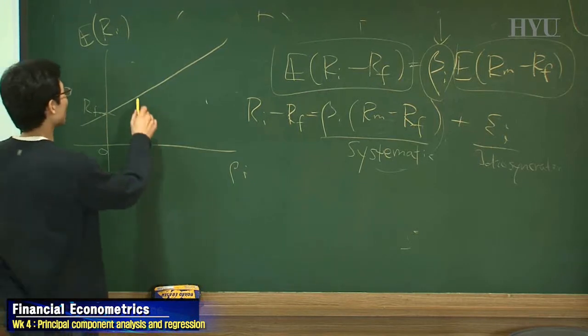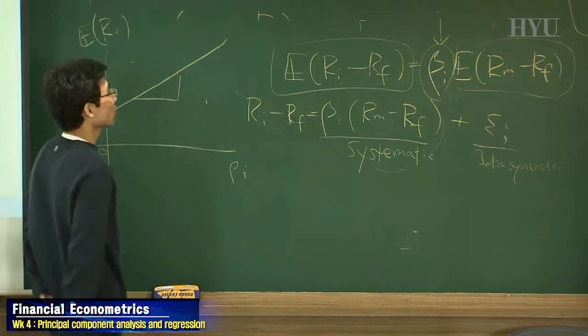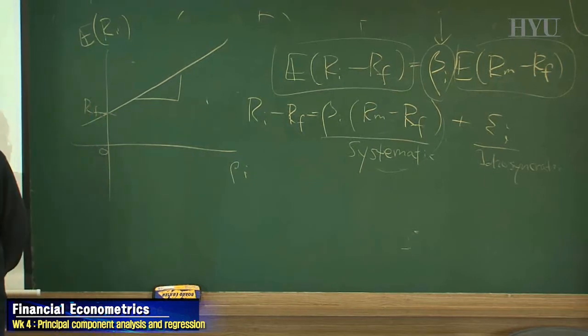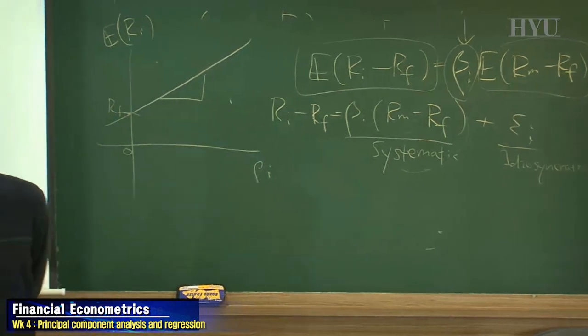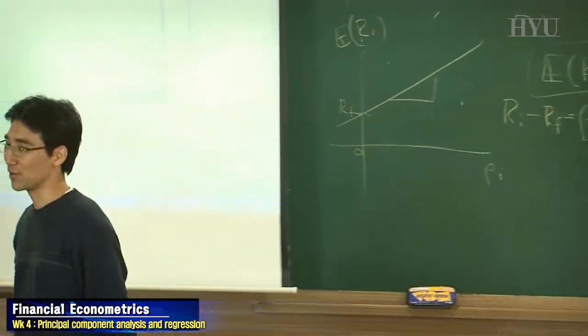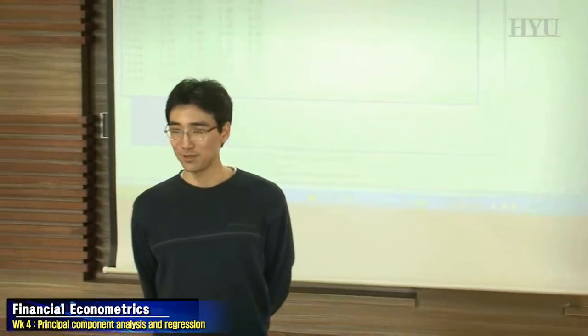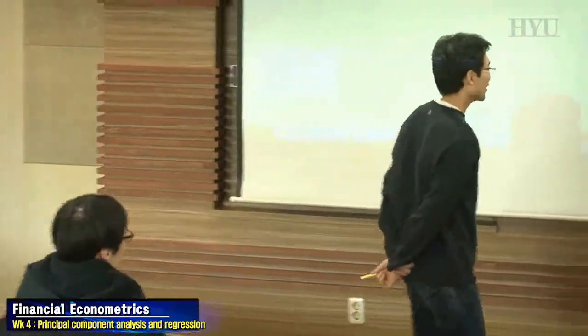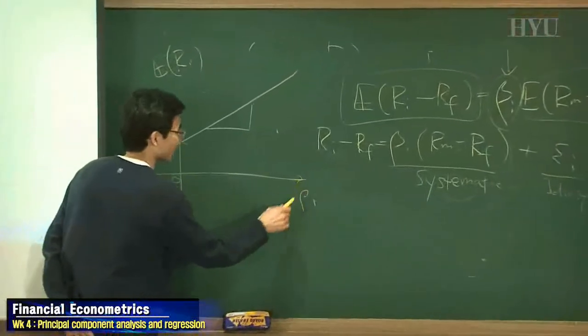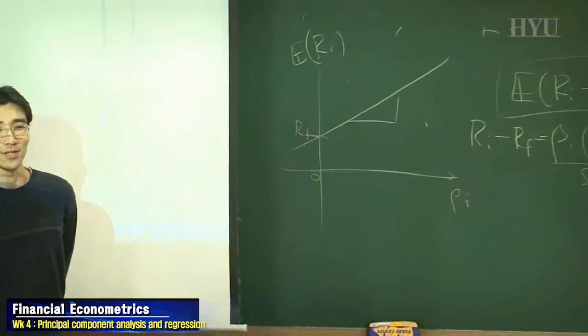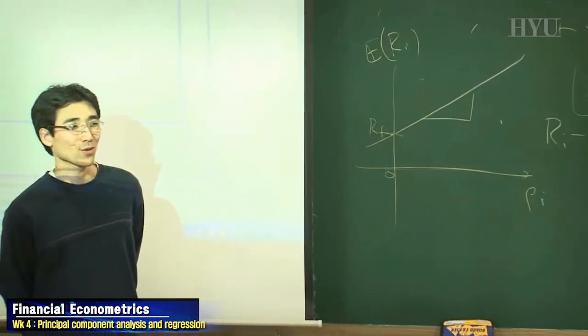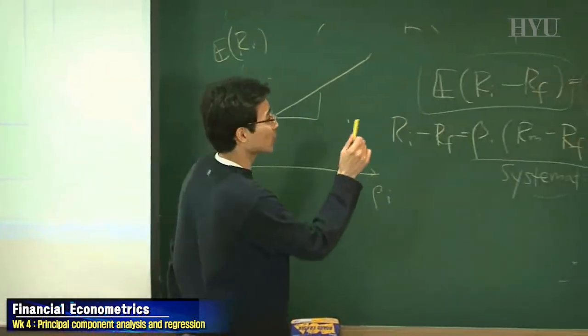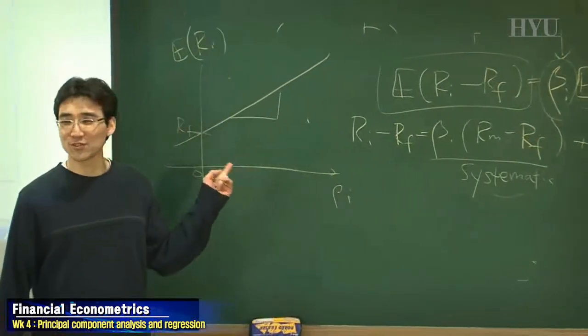And what is the slope of this graph? This line? What is the slope of beta? No, beta is this x-axis. Beta is called the regression coefficient, but it is a different chart.